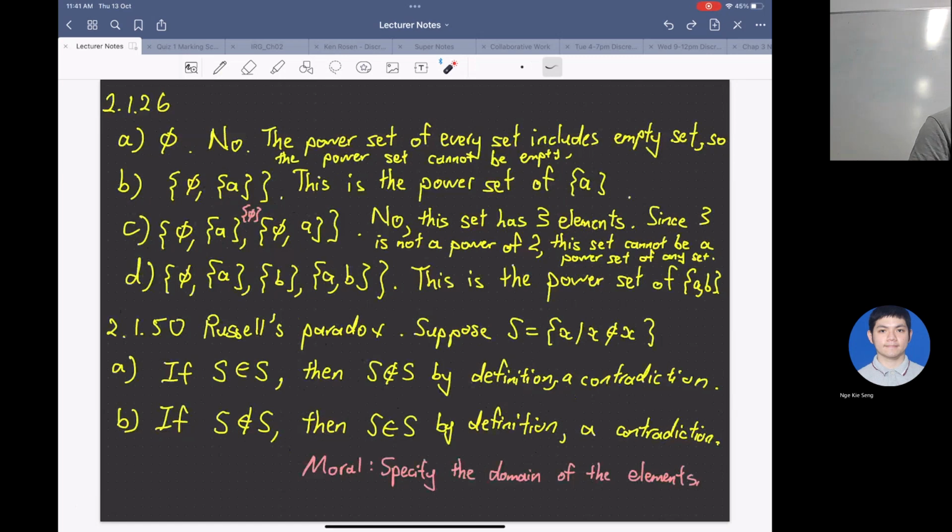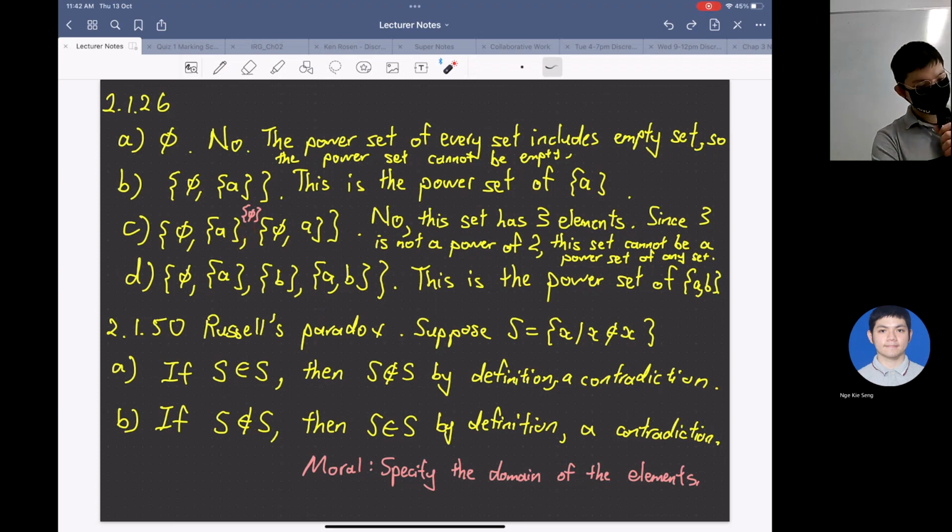Next, 2.1.26: decide whether the set is the power set of some set or not. The empty set is not, because a power set contains at least the empty set and itself, so it cannot be empty. B, this is the power set of A. C, you can see that there's an extra subset that it doesn't include.